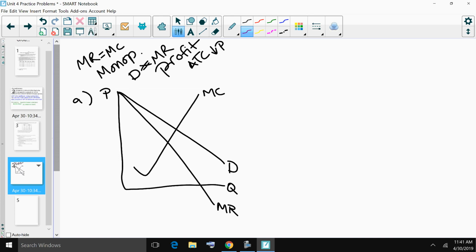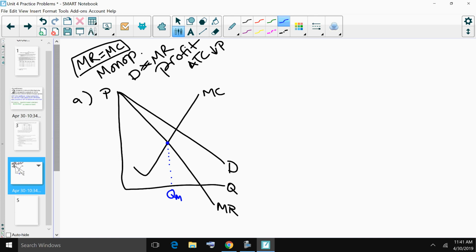Now the things we need to identify are price and quantity. That's what they want. A1, output and price of the vaccine. Well, you know it's profit maximizing, so that is very easy to find. All right? Our output, find MR equals MC, drop it down, and this is our quantity for this monopoly.